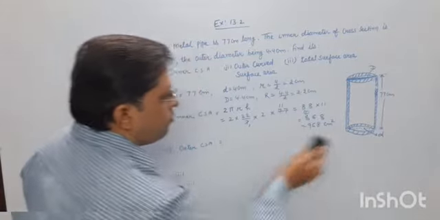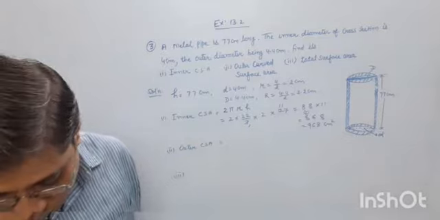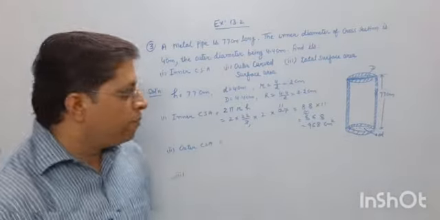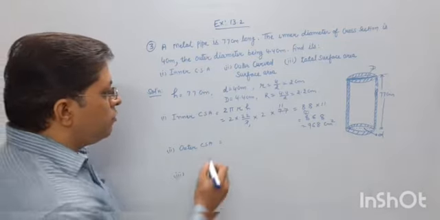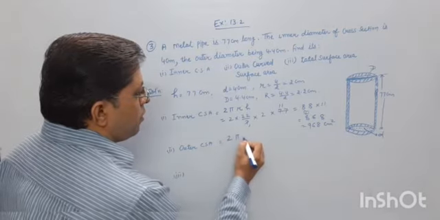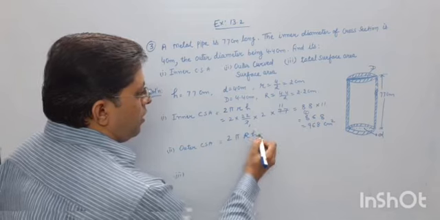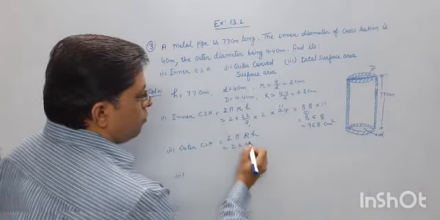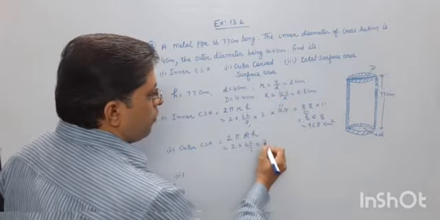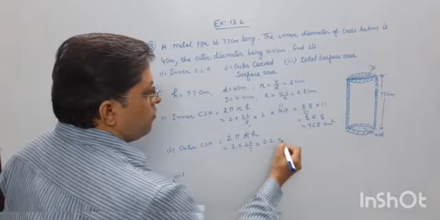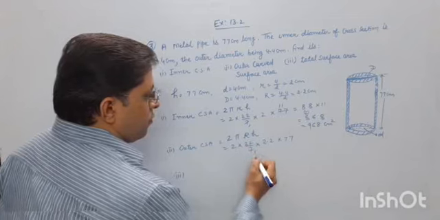Now first is your answer. Now second one, come on, outer curved surface area. This is 2 pi capital R H. 2 pi, what is capital R? It is 2.2 and H is here 77.